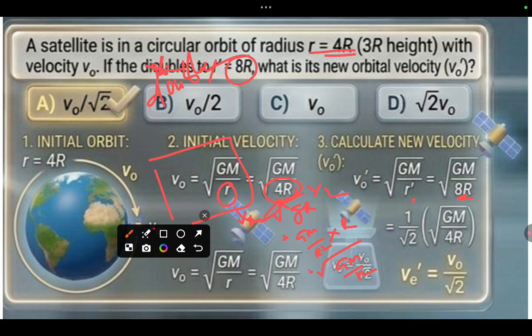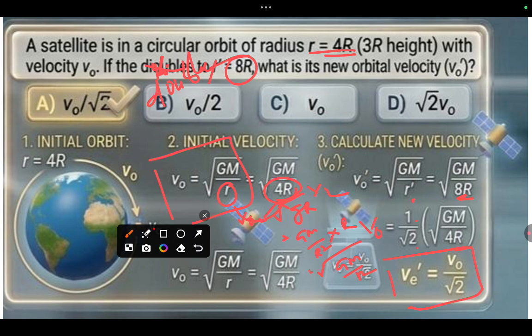So upon simplification you will get the new orbital velocity. What is the question? Orbital velocity, no? So that is V naught equal to 1 by root 2 root of GM by 4R.